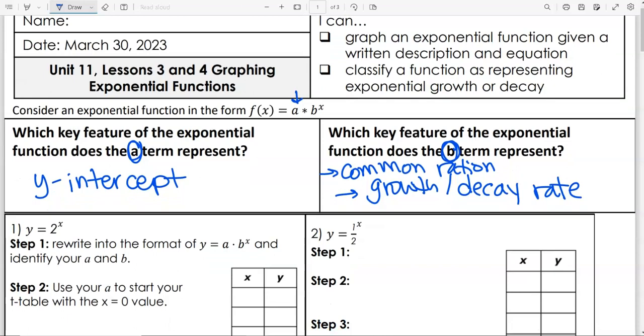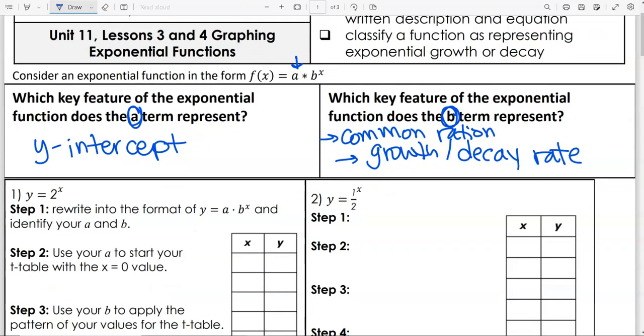Okay, so we're going to start with a basic exponential. We're going to have y equals 2 raised to the power of x. If we need to, we're going to rewrite it into the format of y equals a times b to the power of x and identify them. The piece that has the exponent is always my b.